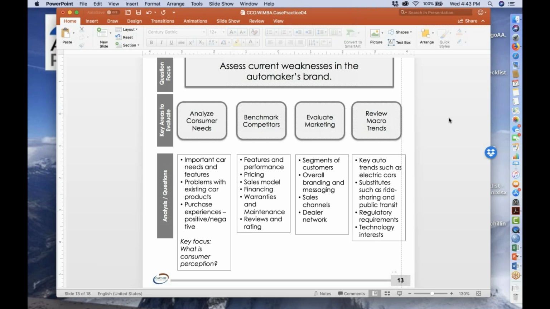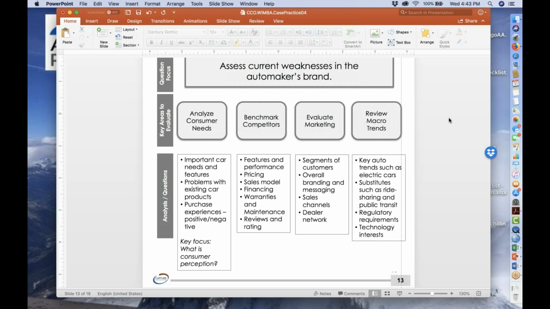So I kind of took a lot of the same things that we've already discussed. I organized around some analysis of consumer needs and thinking about what people really care about when buying a car. I also did some benchmarking. So all those different things that you both have brought up, I would probably benchmark them to competitors.